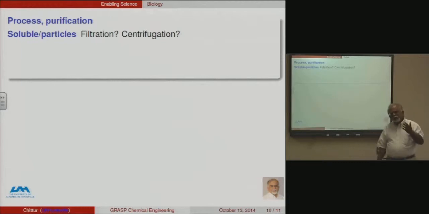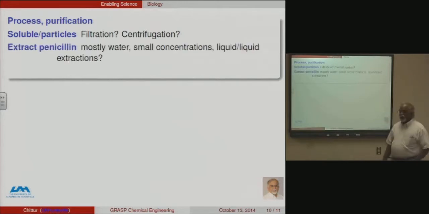So he or she has to consider different ways. How do you recover the particles? How do you recover soluble components? And so on and so forth. So there are a number of different decisions that have to be made before you design the process to achieve the objective. The extraction of the penicillin is probably the hardest of all the steps in the process.